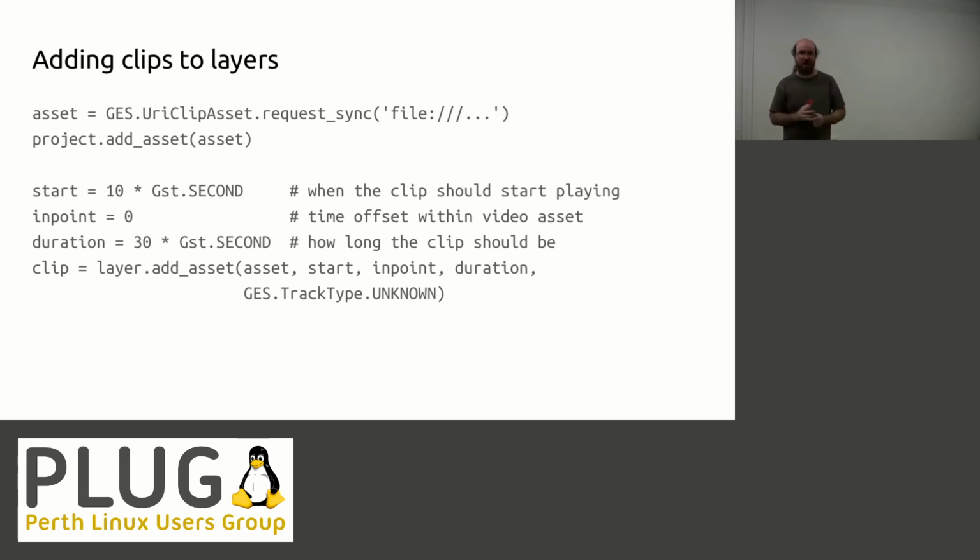And here I'm just saying track type unknown, which basically just says add the layer and add the asset in the default method. So if it's a video asset, it'll add it as video. If it's audio, it'll add it as audio. But this means that you can also do things like add a video asset but ignore the audio, or only take the audio from the video and ignore the visuals.